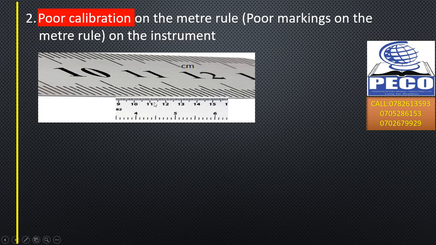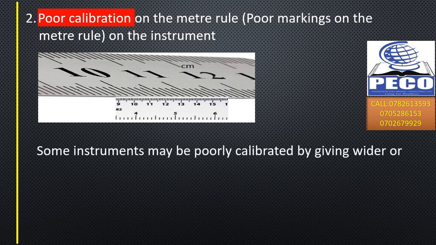You take this to be millimeters, and we're also taking this one to be a gap of 1 millimeter. If this is not done accurately, it will cause a poor reading of the object that you are measuring. So this is also a source of error when it is not marked well. The calibration is putting these markings here. When it's not done accurately, it will create an error in that measurement, which you, who is using the instrument to measure, may not know.